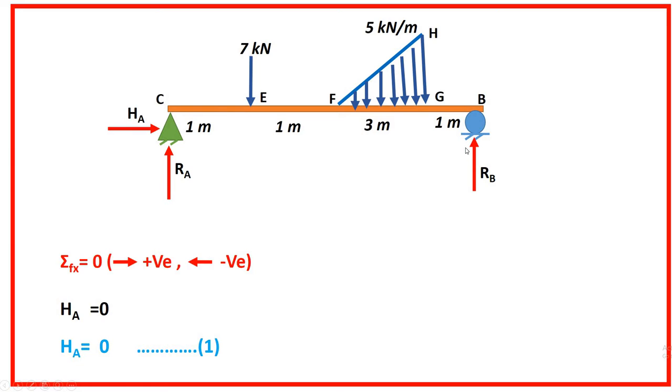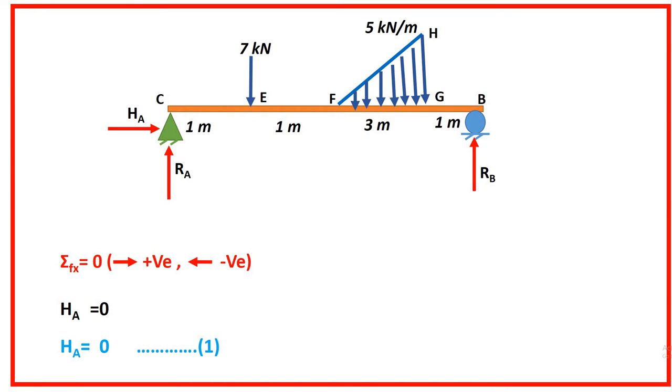To determine the reactions, let us start with the equilibrium conditions. Our first equilibrium condition is that the algebraic sum of all forces in the x direction is equal to 0, and our assumed sign convention is right side positive and left side negative. So here the horizontal force at A is equal to 0 because we don't have any other horizontal force.